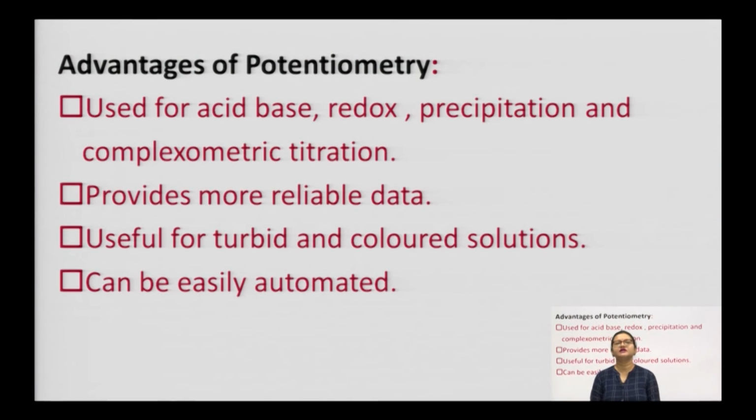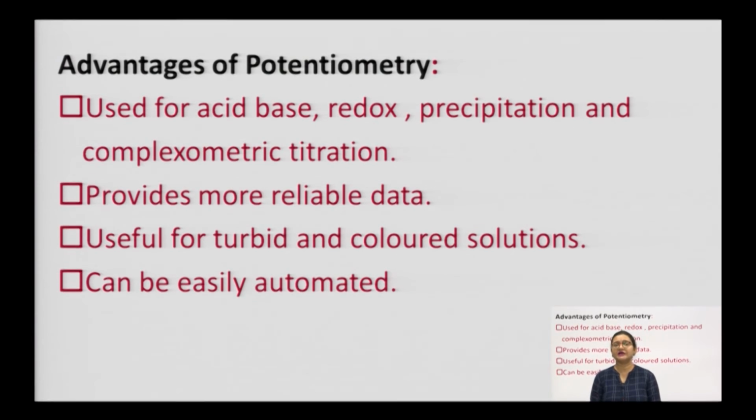What are the advantages or applications of potentiometry over the other types of analytical methods? First one, it can be used for all varieties of titration: acid base titrations, redox titrations, precipitation titration, as well as complexometric titration.